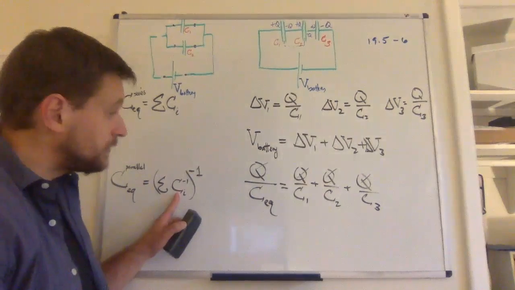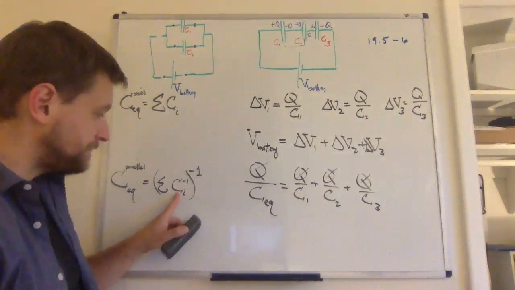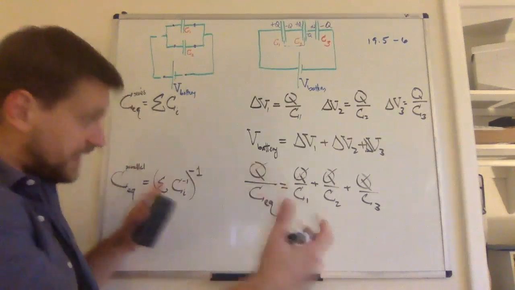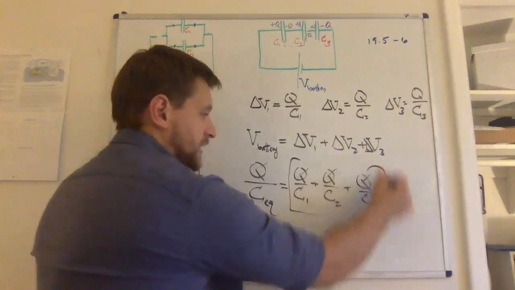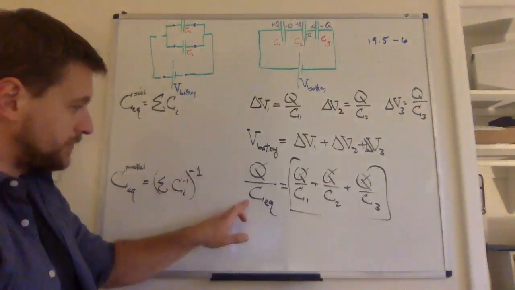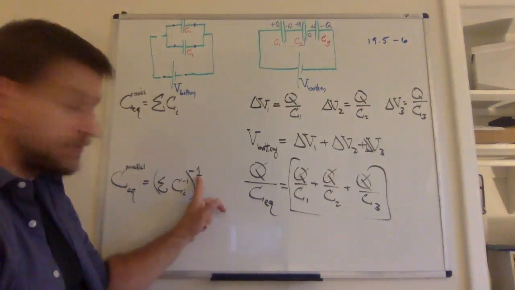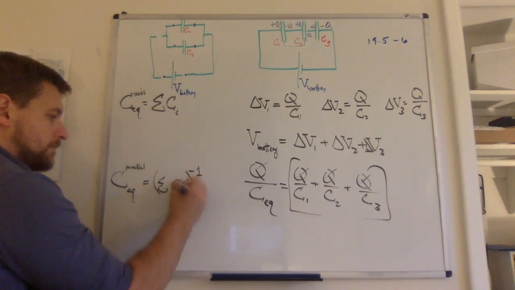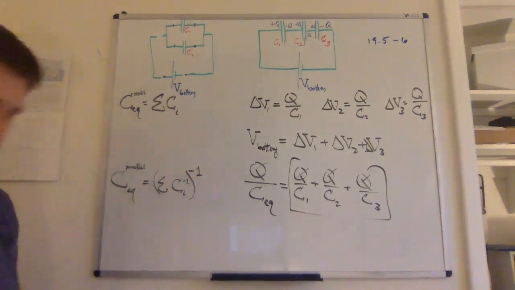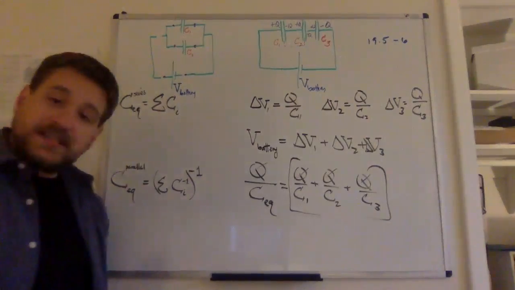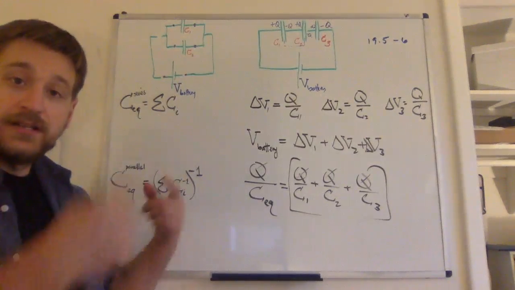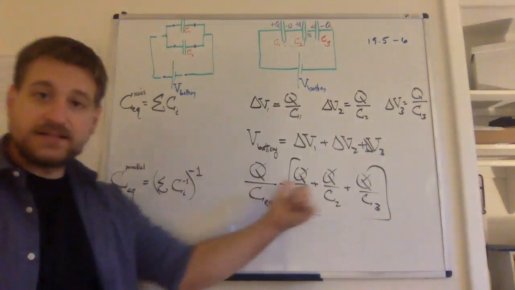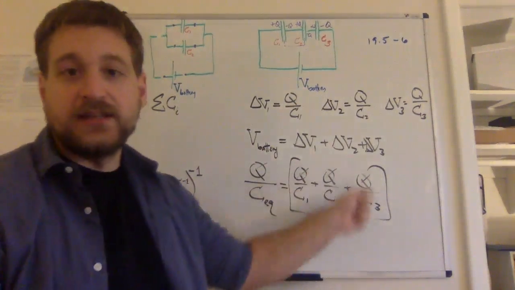Take each capacitance, find 1 over that, add all the results. Find that sum, that's this side, and we still have another 1 over thing to straighten out. That's this exponent. It's just a different way to write the formula that you know. 1 over the equivalent capacitance is the sum of 1 over the individual capacitances.